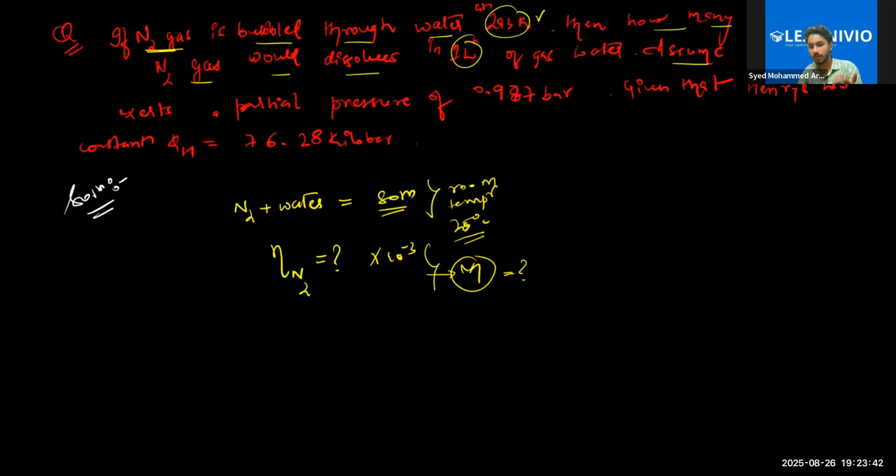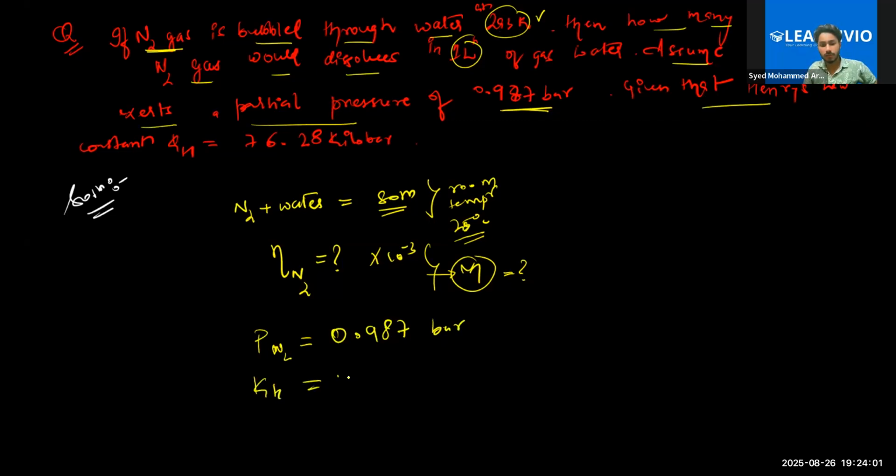The molarity is going to be asked of you, and that N2 gas exerts a partial pressure. So pressure is given to you, and how much pressure is given? 0.987 bar. And what else is given now? Henry's constant, which is 76.28 kilobar, that means 10 to the power 3 bar.